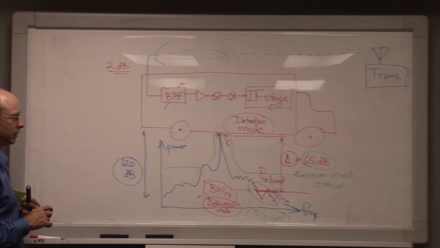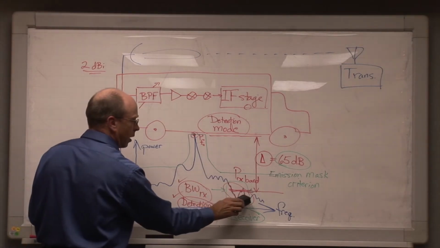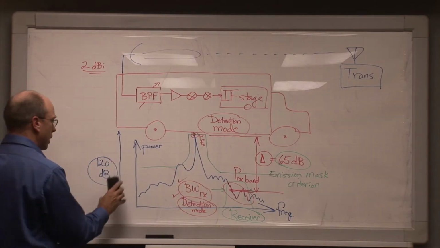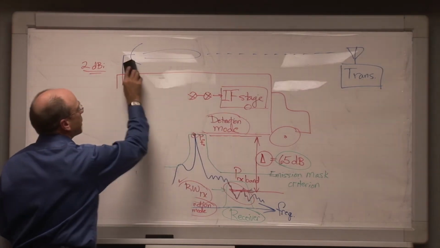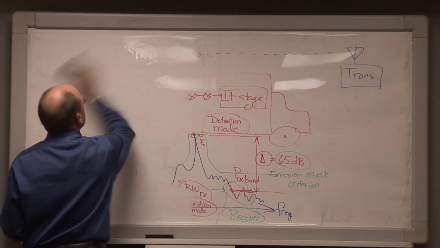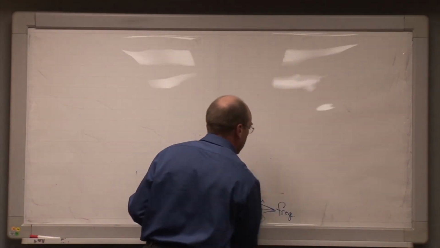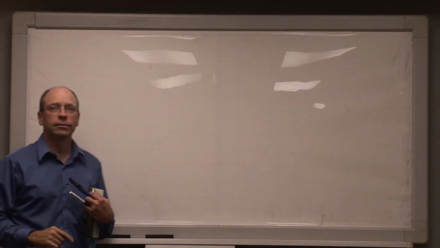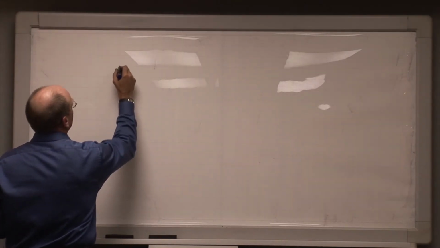Now, we come back to here, and remember that we saw the power that we were measuring in this transmitter relative to the power at center frequency, and we know the distance at which we were located from that transmitter when we made that measurement. So here's what we do next. We do a computation.